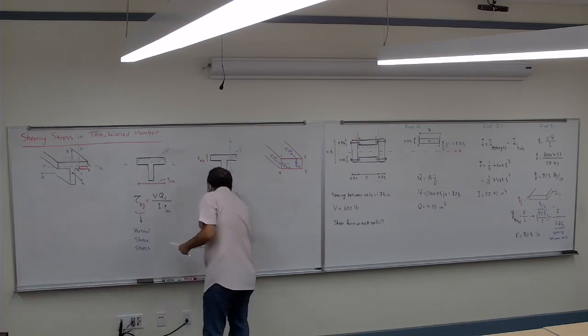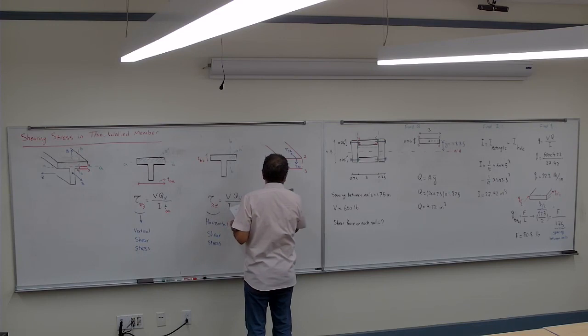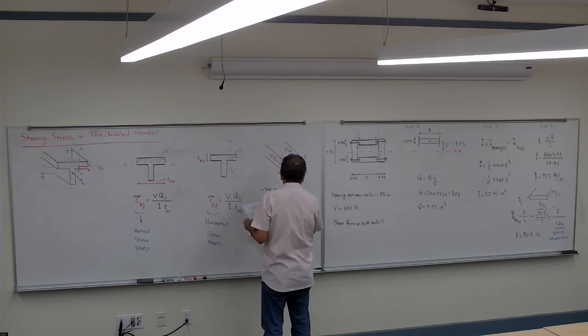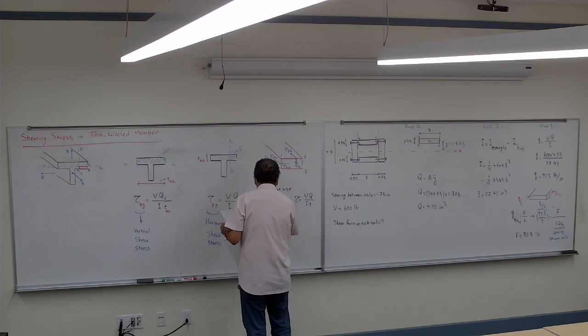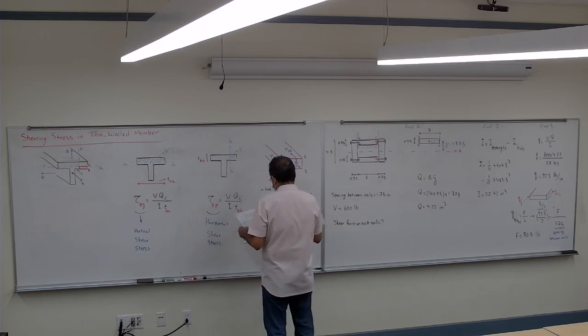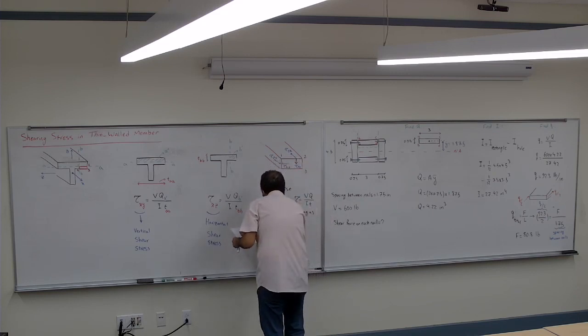So, in other words, we can use tau equal to VQ divided by IT in any section as long as the cut is perpendicular to the surface.